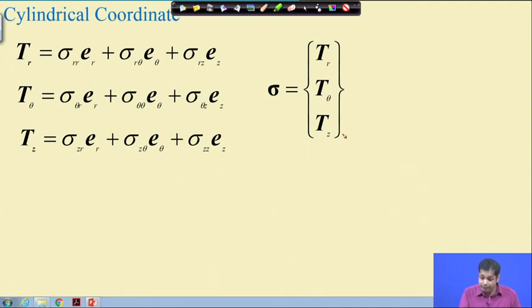Each individual T r, T theta, T z is a first order tensor, and sigma is a second order tensor. So they are not scalars, please remember it.